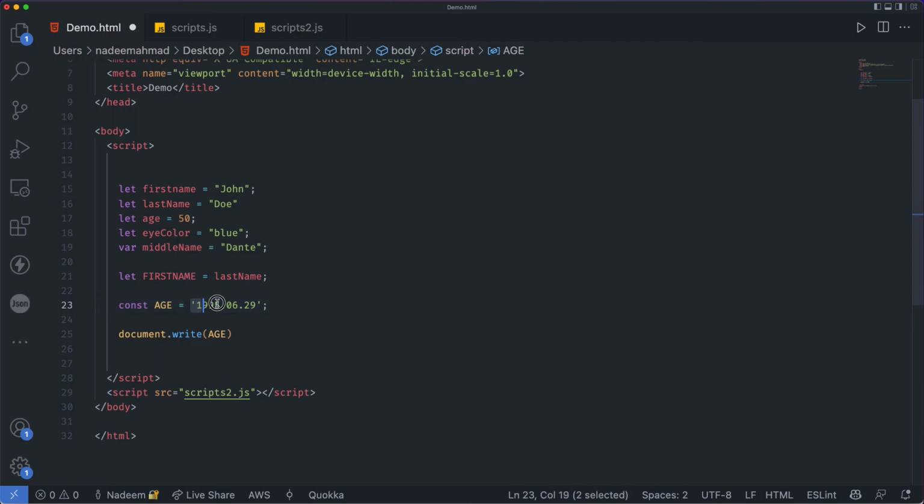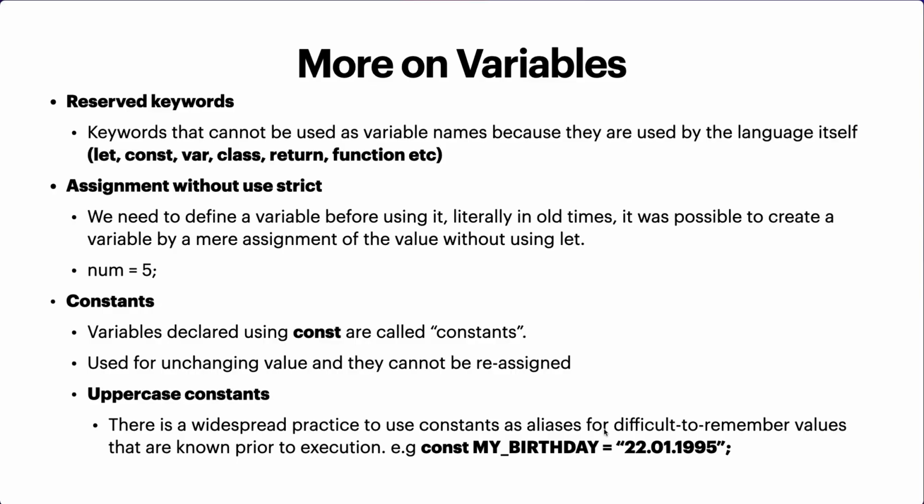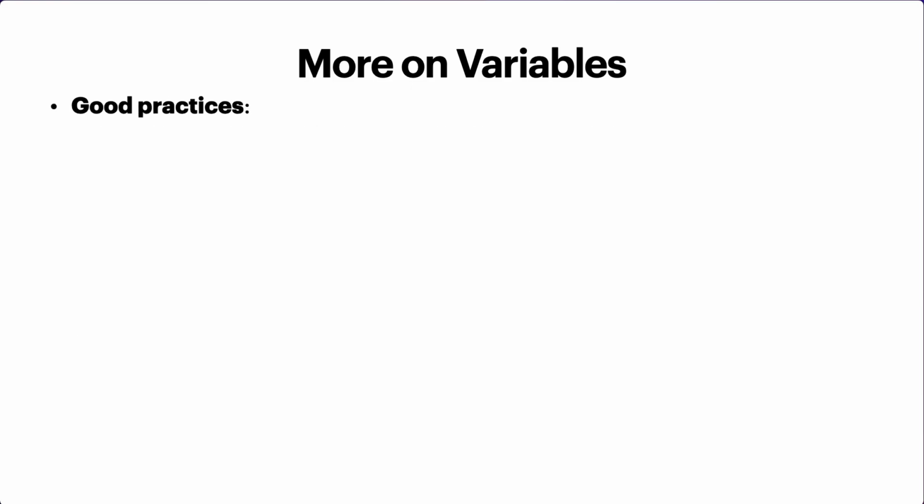So instead of writing this again and again, I can just name it, for example, birthday, or my birthday. I can name it anything, and this is the convention for a complex value, so it's easier to remember, and that's why we write it on top of our code or define it before we execute the code. So this is how we write constants. It's easier to remember, it's meaningful, and prone to fewer errors.